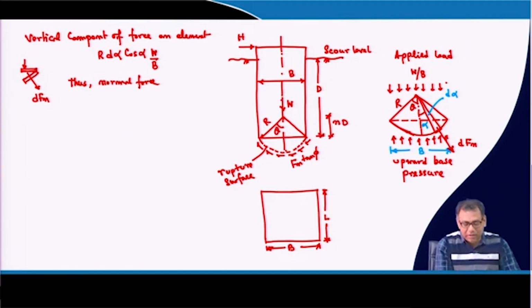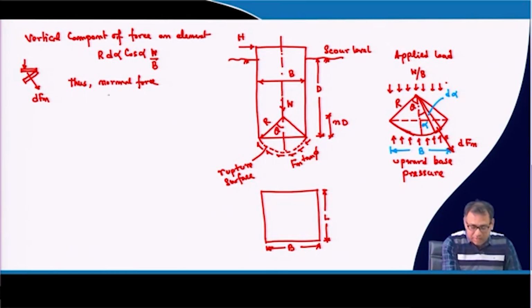So, that is why we have converted this element with d alpha into cos theta. On that portion this vertical component of the force is acting. Okay.